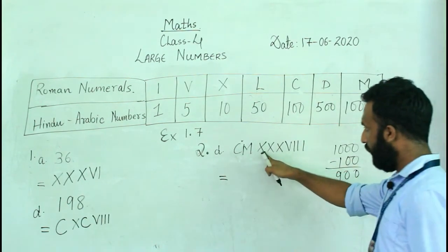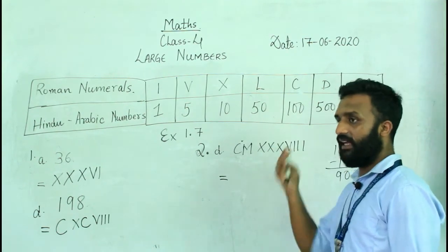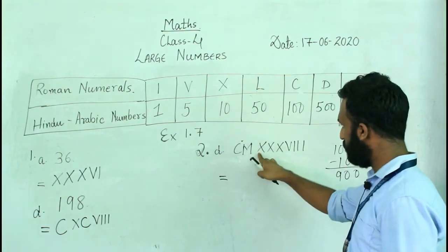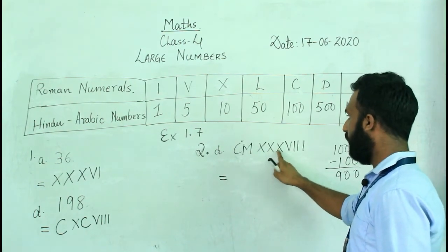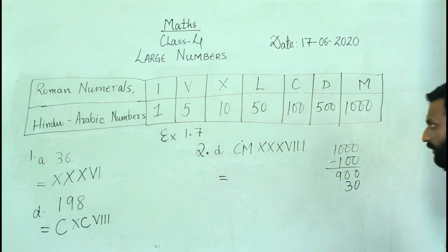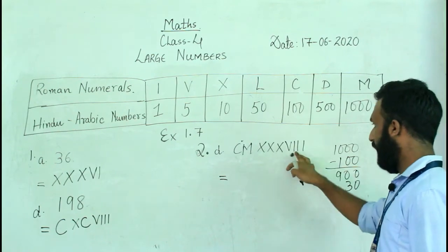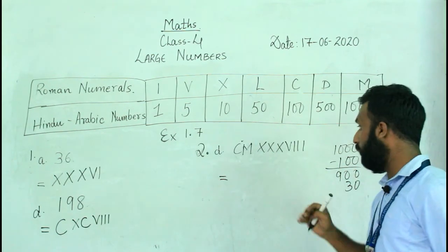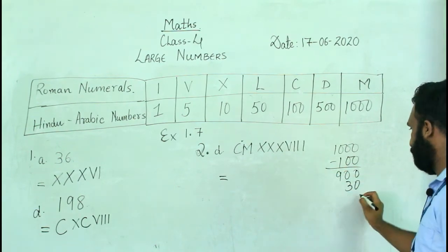Now as I have told the rule, we can repeat the letter 3 times. Here X is repeated 3 times: 10, 20, 30. So we have got 30. Now see here V, which is 5, and we can repeat 3 times again: 5, 6, 7, 8.